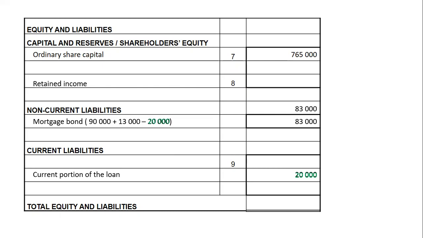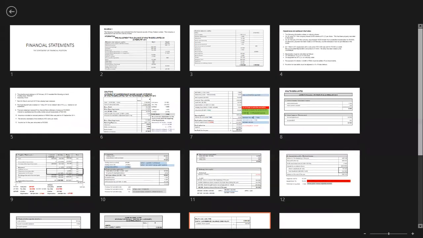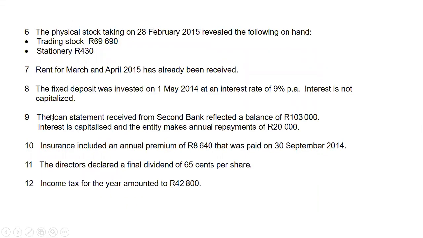I'm just highlighting where that 20,000 comes from. We simply took it out of non-current liabilities and we put it under current liabilities. All right, done with that. Number 10 says insurance included.